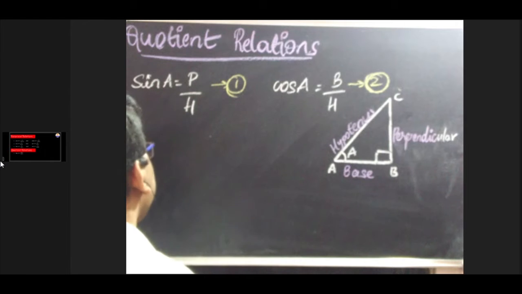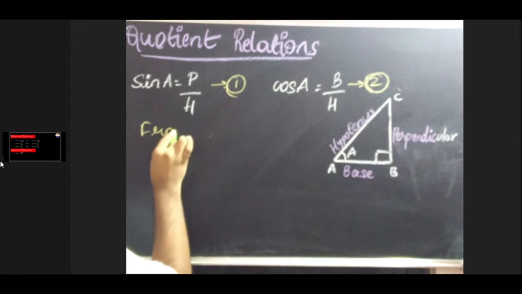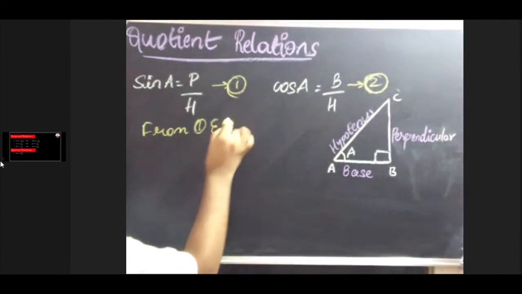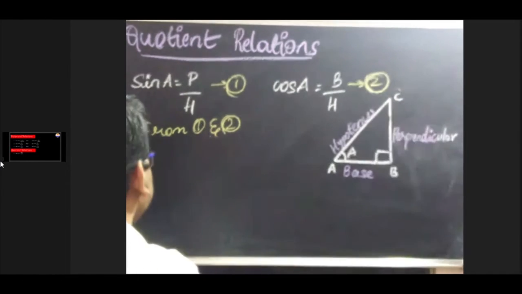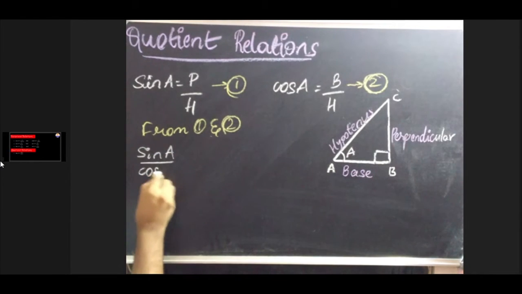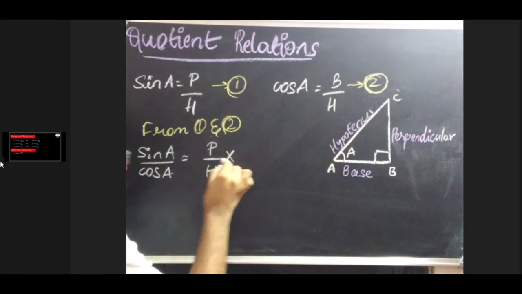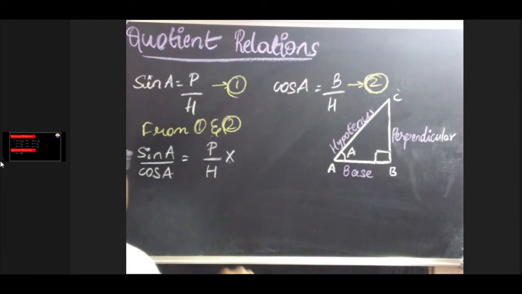Then from 1 and 2, let's say sin A by cos A can be written as perpendicular by hypotenuse into 1 by cos A. What is 1 by cos A?